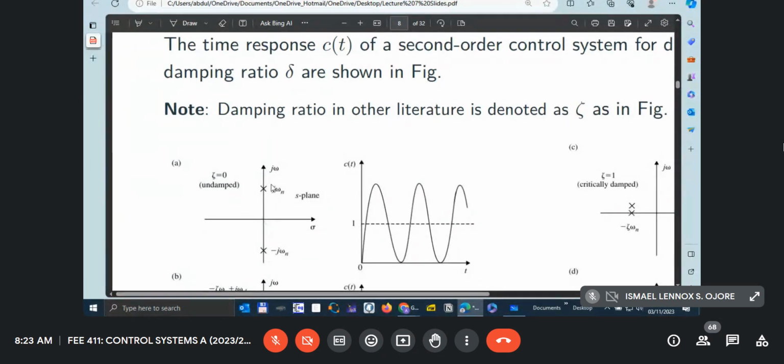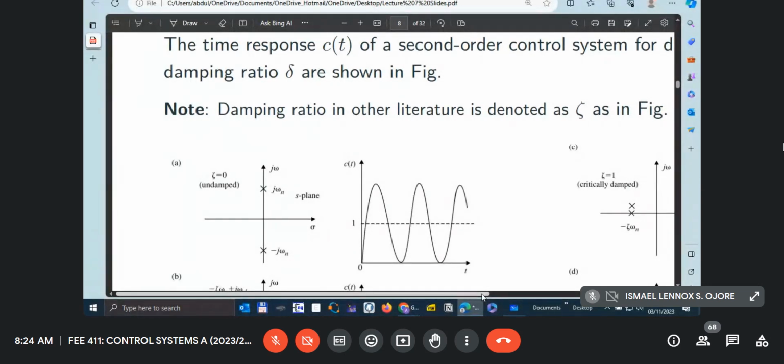When you have these two poles at the imaginary axis, this is when you have some oscillation. You can see one is our input and this one here is our output. You can see they don't match. So it is oscillatory. We don't need a system which behaves like this, right?